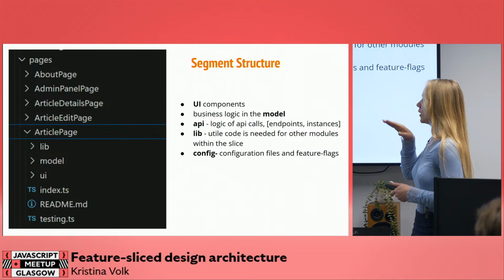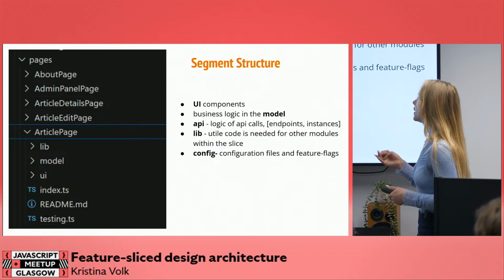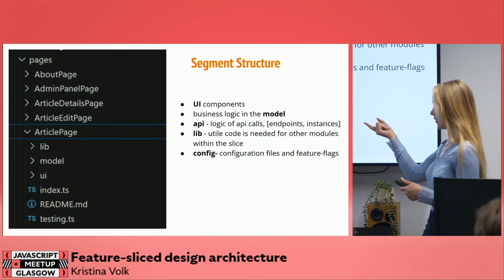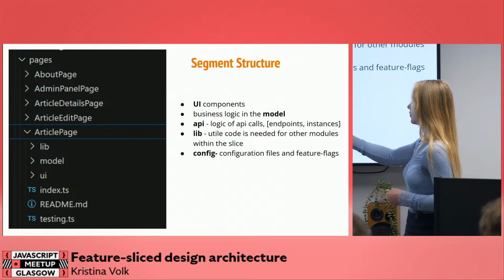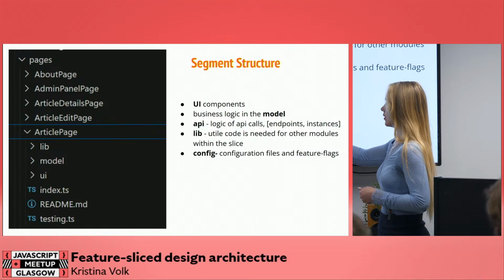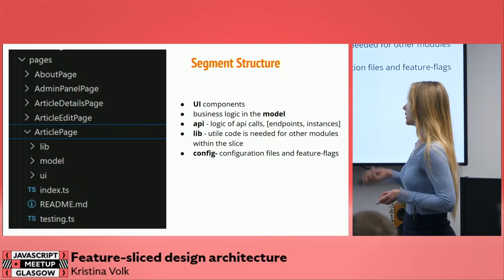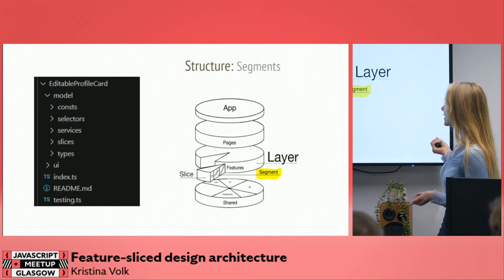Inside the model, we can put our selectors, actions, and services. Then lib is just helpful code for executing tasks of only one slice, and some configuration files. We can also store the feature flags. In terms of the public API, we declare everything that is exposable for others in index.js. I think this is not very new for us either. So this is our segment.